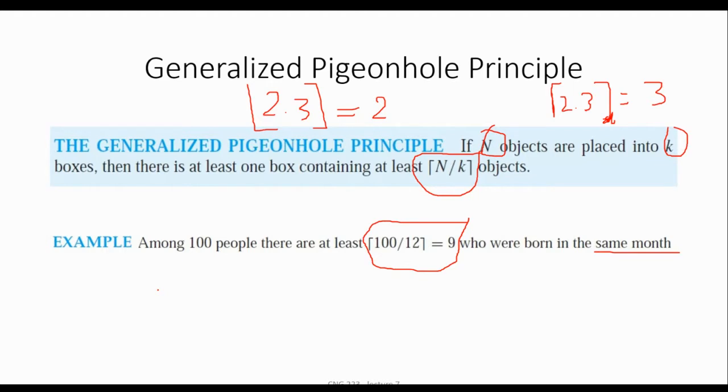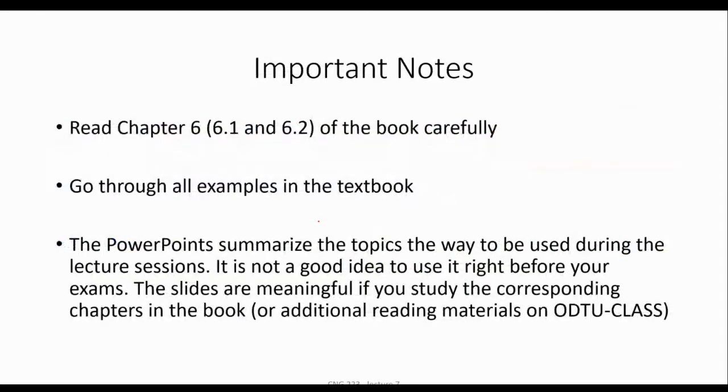It means that if someone is picked at random, they have a 1 over 12 chance to be born in, for example, January. So if we consider that condition, then yes, this is true. As you can see, very easily we can answer such questions.